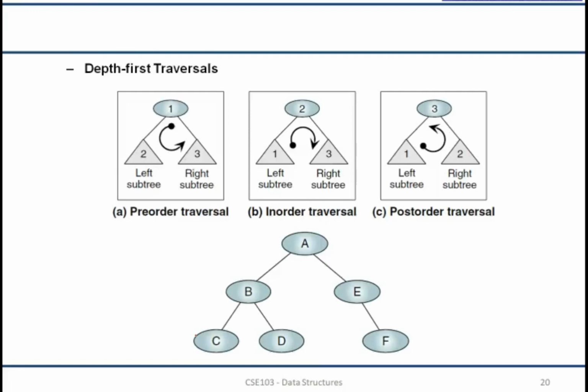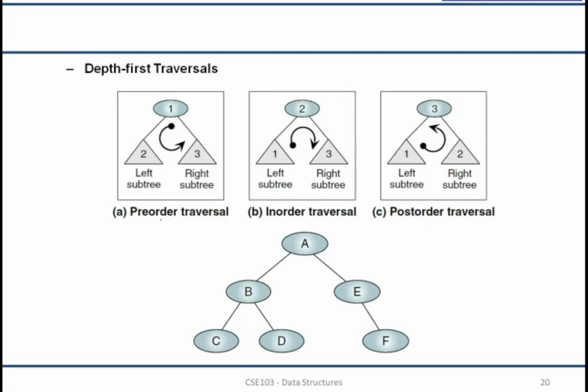Example for DFT. As I already told you, in depth first traversal, we have 3 subcategories: the pre-order traversal, in-order traversal, and the post-order traversal. So this is very, very important. See here, suppose we have 3 nodes, 1, 2, and 3. Pre, in, and post. What is the meaning of pre-order, in-order, post-order? It depends on when we are visiting the root node.